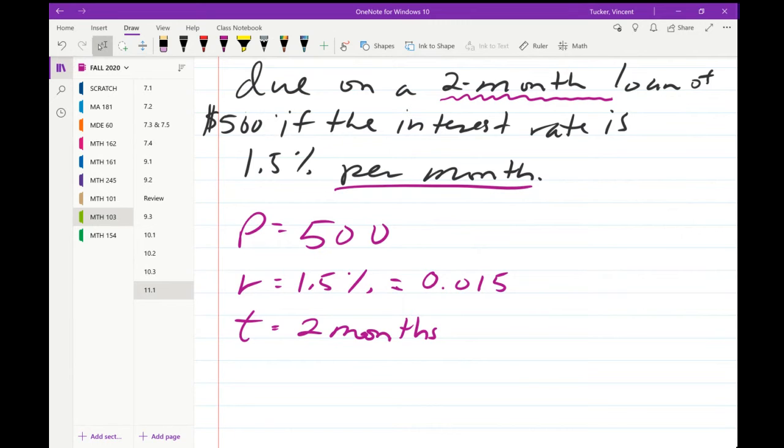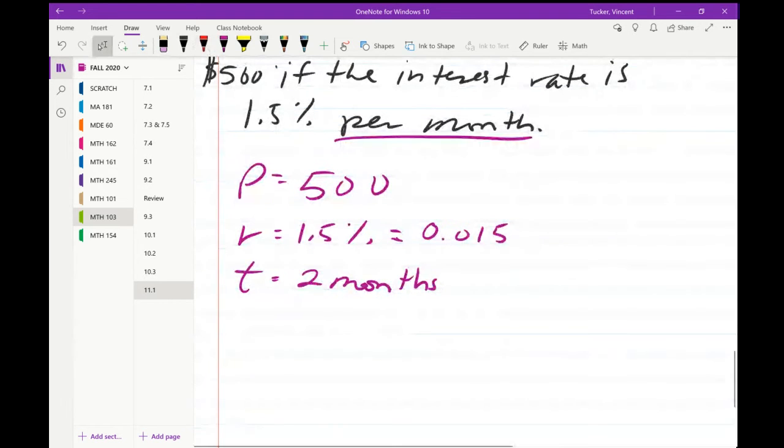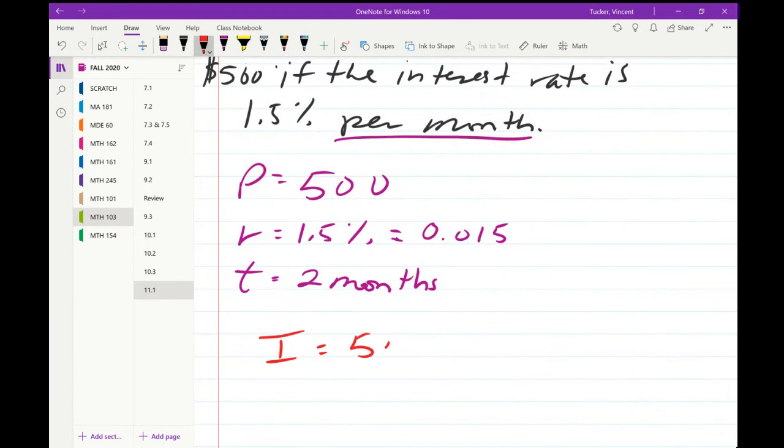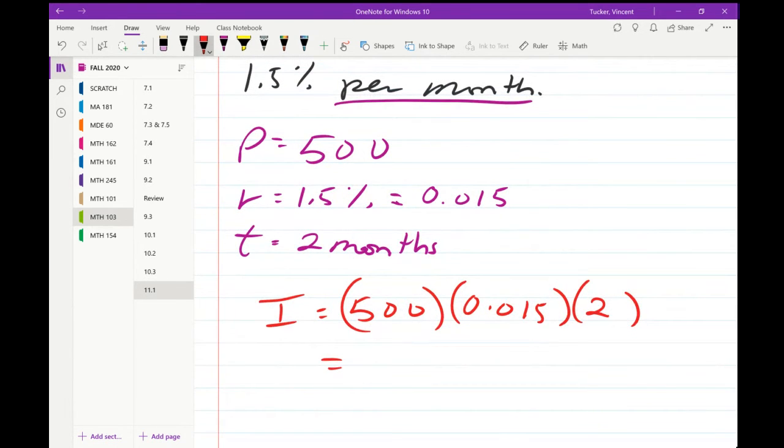This loan is in terms of months. I do not need to convert my T to years. So I can just go ahead and calculate with the numbers that I see. And that'll be $15.